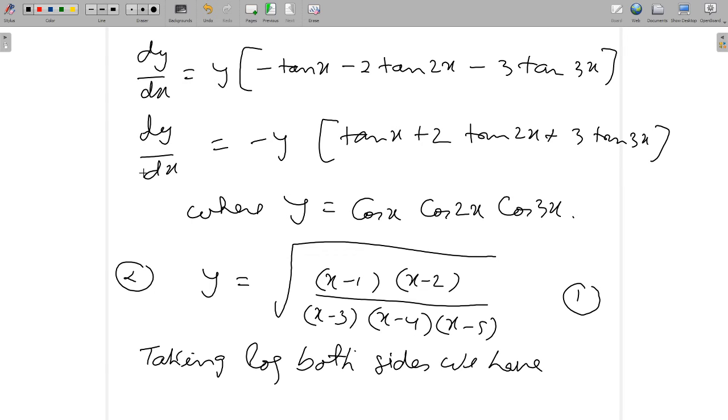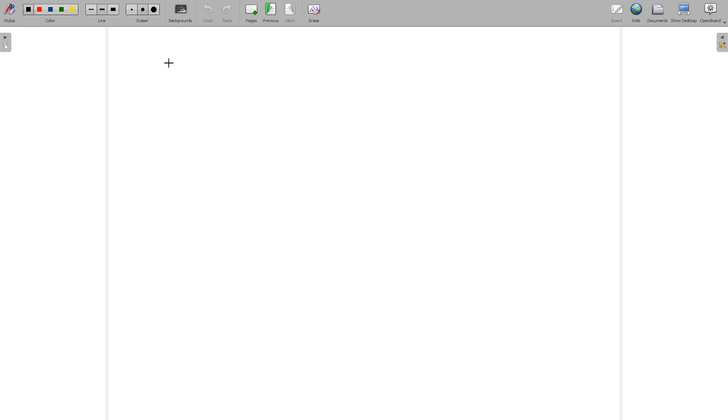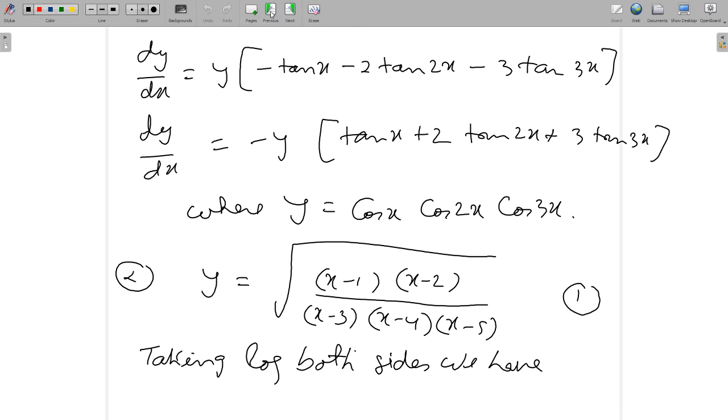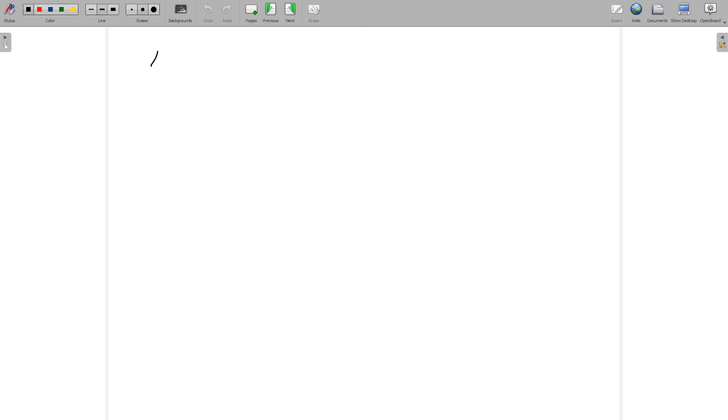So let us do this one further. The next page I am adding here. So earlier what we have done is taking log both sides. So now log y equal to log.